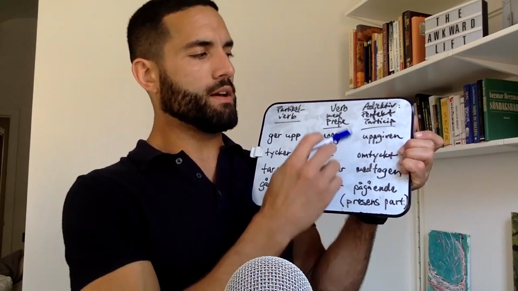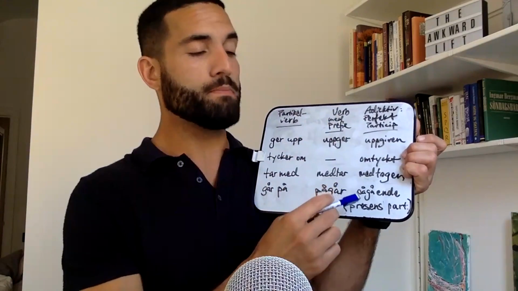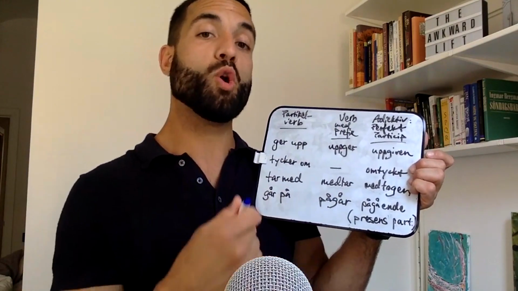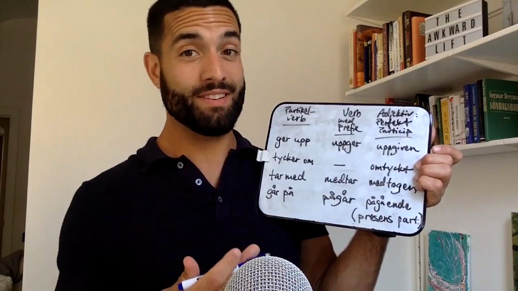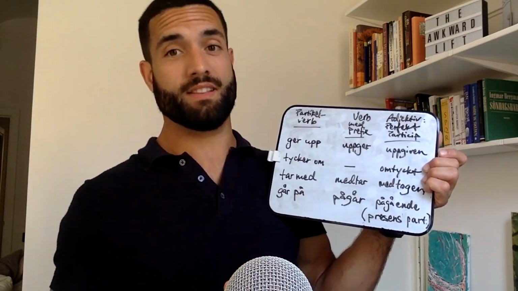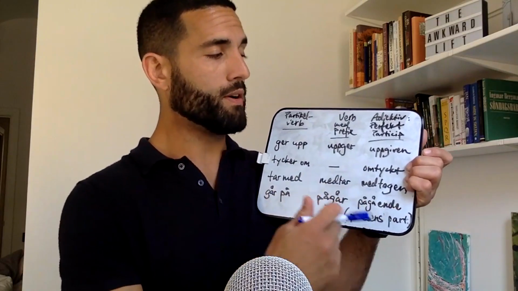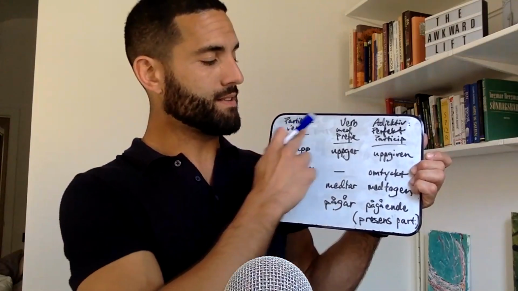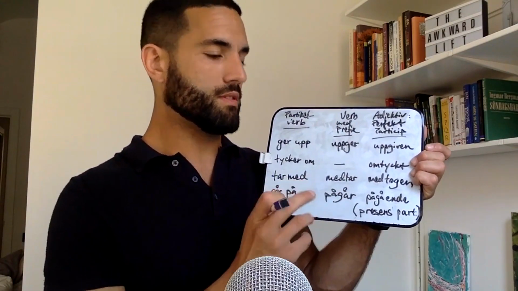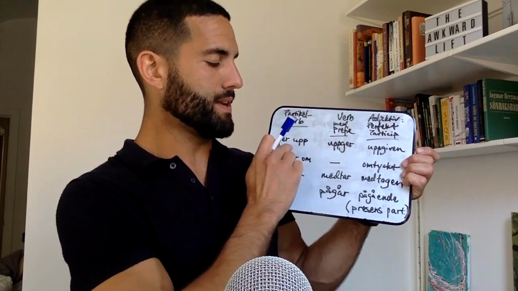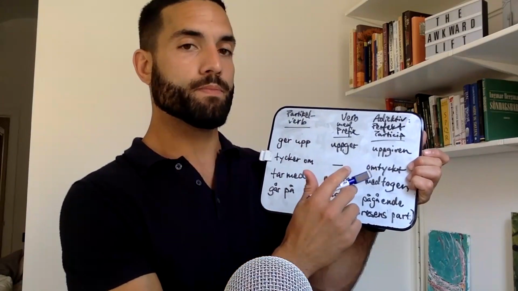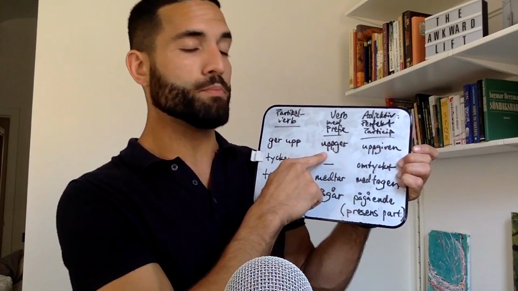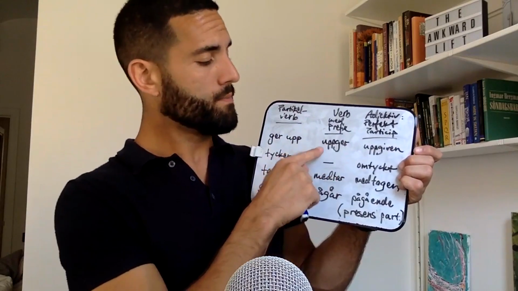If this would be a perfect participle in Swedish, it would be pågången. Pågången, which does not exist. So that would be a bar. What I want to show you with this is that sometimes they have the same meaning. Ger upp, uppger, which has the same meaning, but this uppger has multiple meanings.